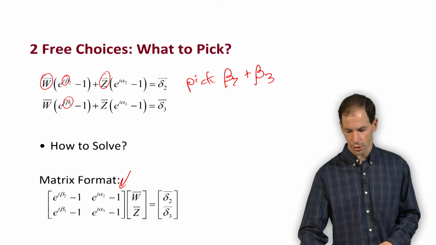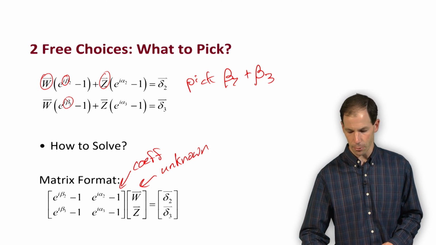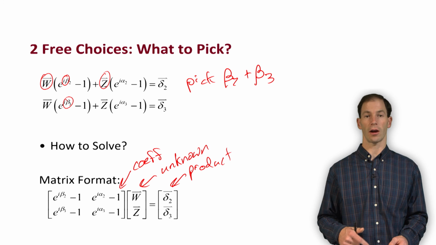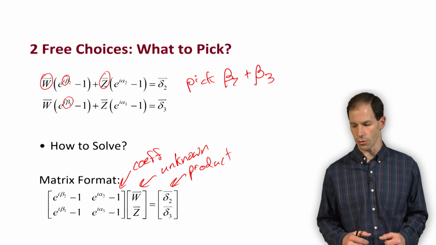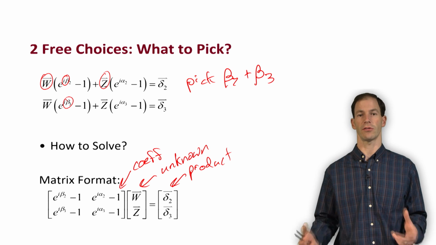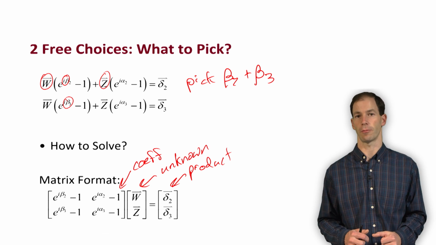I've got this coefficient matrix right here. I'm multiplying this by my unknowns, my w and my z vector, and then I've got my product matrix on the right. So I can now code in my coefficient matrix and my product matrix into whatever solver I want to use, and then I can solve for my unknown w and z, and therefore have a solution dyad for half of this 3 precision position motion problem.